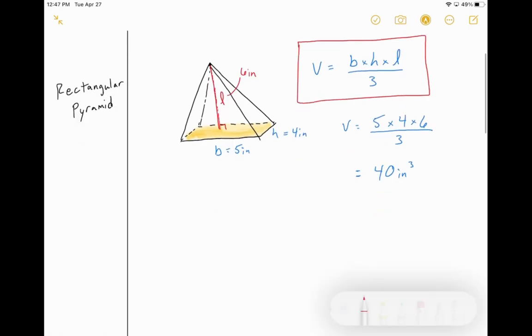Okay, now think about the other pyramid that we had, the triangular pyramid. All right, so we're going to draw this one. This one is not too bad. First thing I want you to do is start with a dotted line.